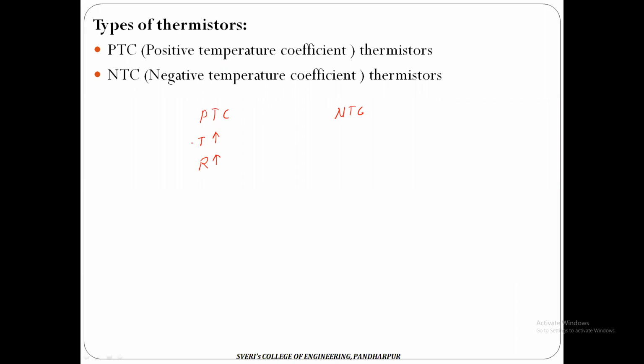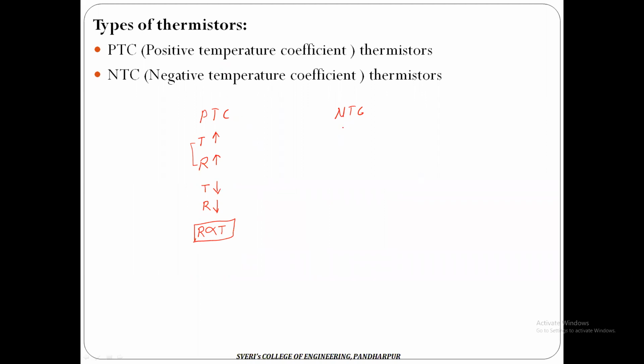Okay? जर टेम्परेचर वाढवलं तर रेजिस्टन्स पण वाढतो and vice versa. जर टेम्परेचर कमी केलं तर रेजिस्टन्स पण कमी होतोय. याचा अर्थ काय झाला? If the resistance of the thermistor is directly proportional to the temperature, then such a type of transducer is called a PTC type of thermistor.